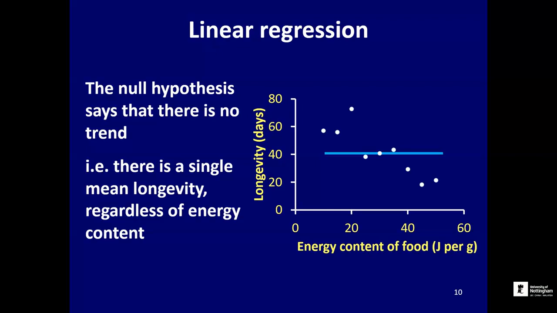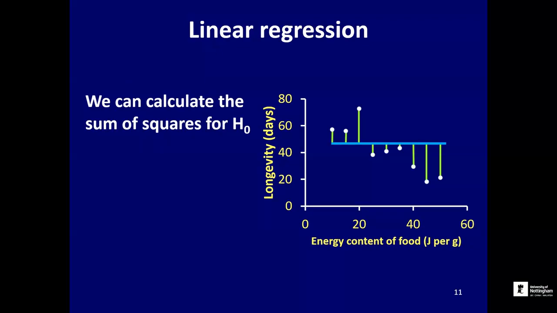So there's a single mean longevity regardless of the energy content, and any spread of values around that mean just reflects random noise, or what we might call error or residual variation in longevity, caused by the fact that every fly is different. So each fly in the data set will have a different genotype, it will have maybe experienced slight differences during its development in the conditions that it experienced, and all those things are likely to give rise to variation in longevity, but it's irrespective of the quality of the food provided.